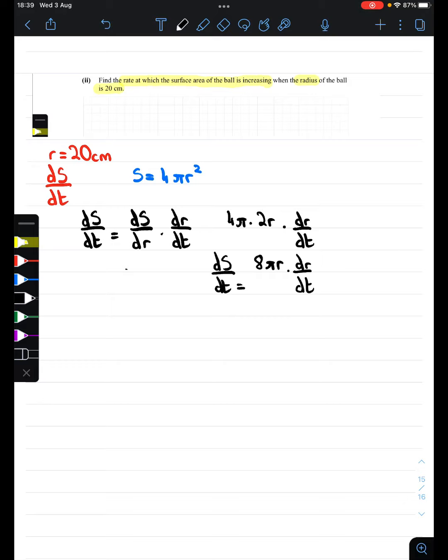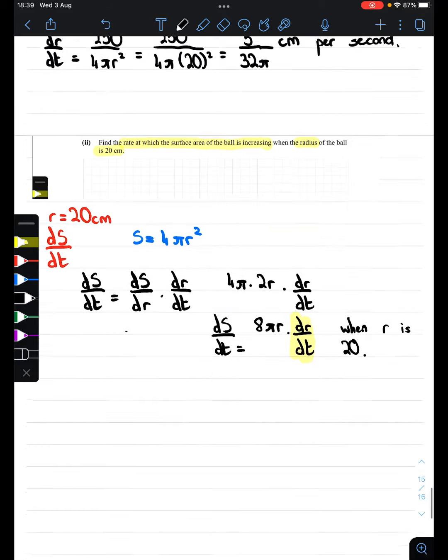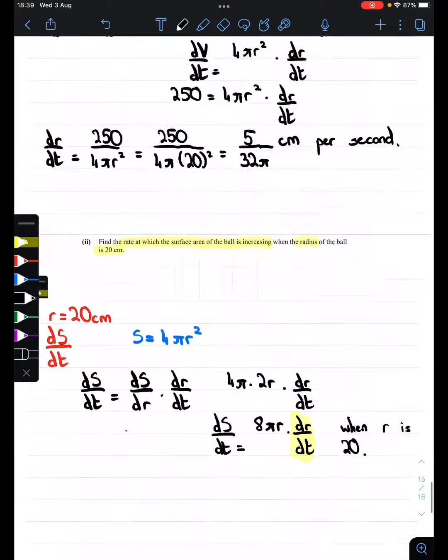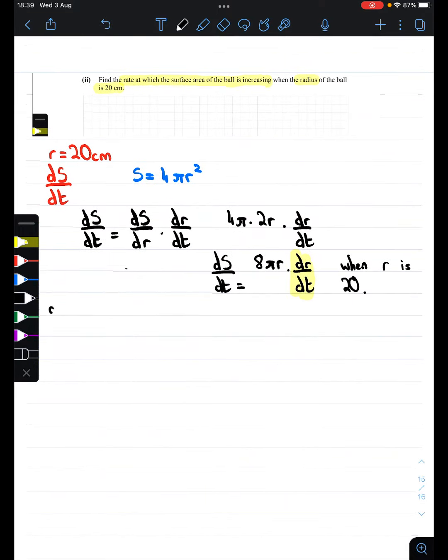And to do that, we need to find what dr dt is when r is 20. Well, we've already just found that. That's what we spent the first part of this question doing. So dr dt equals 5 over 32 pi.